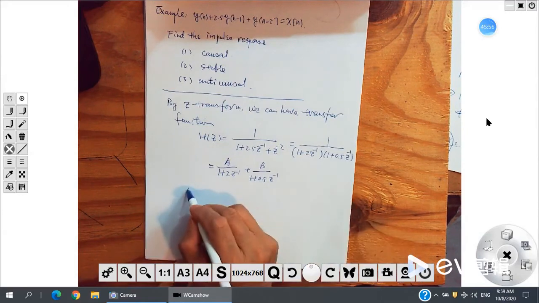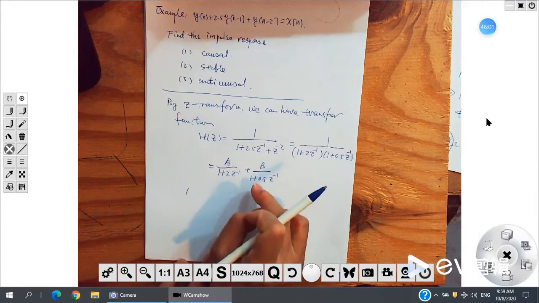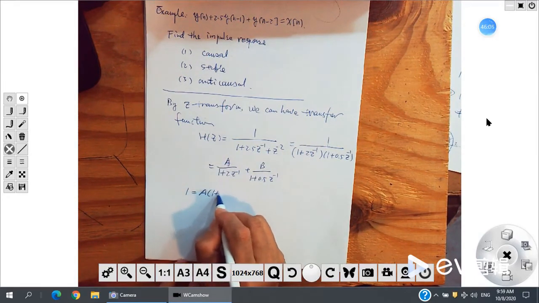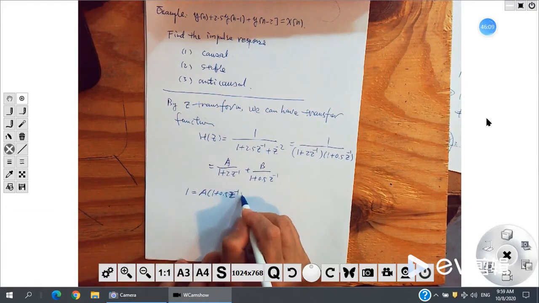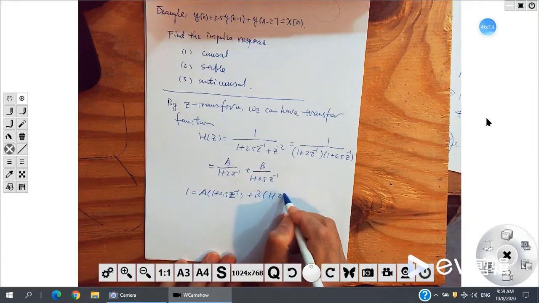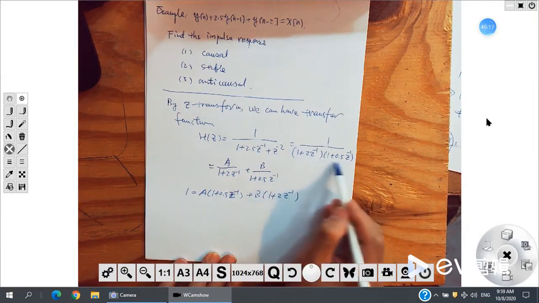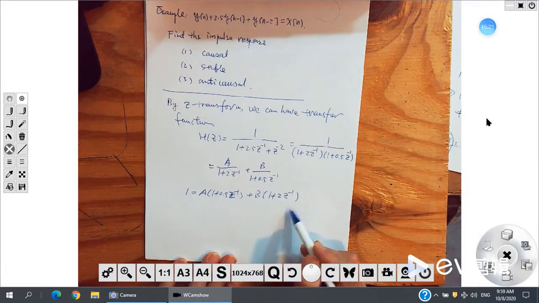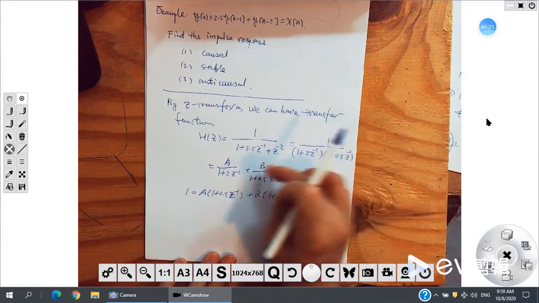I have 1 equal to, if you combine these together and check the numerator, A times 1 plus 0.5 z to negative 1, and B times 1 plus 2 z to negative 1. This is the same thing if you multiply the denominator on both sides. You combine these two fractions, compare the numerators, it is still this.